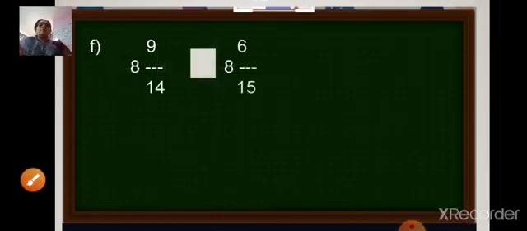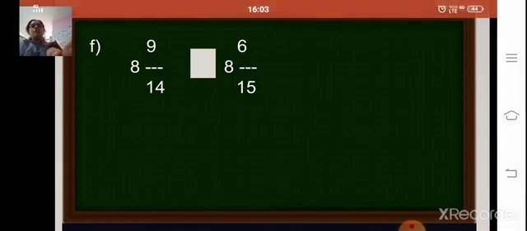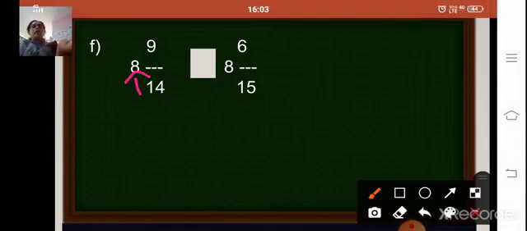Yes, next sum here for you is a mixed number, 8 9 upon 14 and 8 6 upon 15. So first what we will do is convert it into an improper fraction. When we convert it into an improper fraction, multiply 14 into 8 plus 9 here. So when you multiply and then add the numerator, you will get the answer as 121 upon 14.